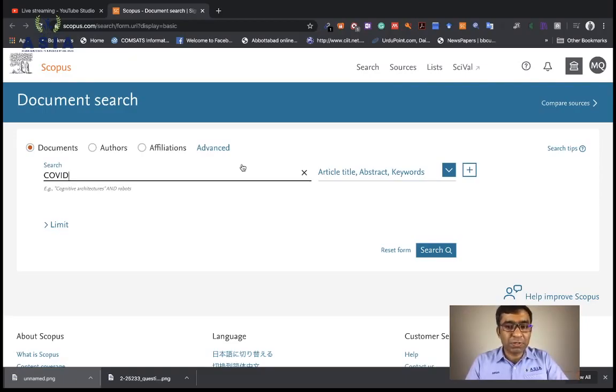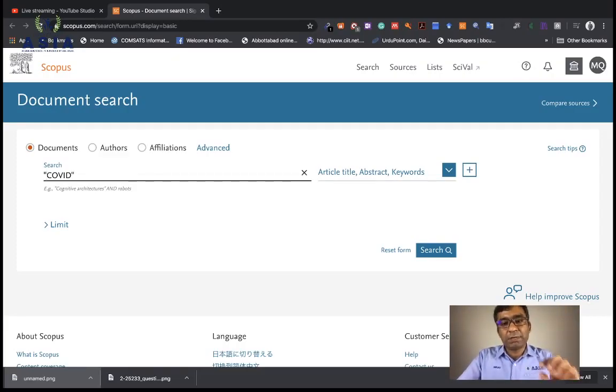You need to add inverted commas before and after the phrase. The database understands that anything within the inverted commas is considered only one keyword, not multiple keywords.